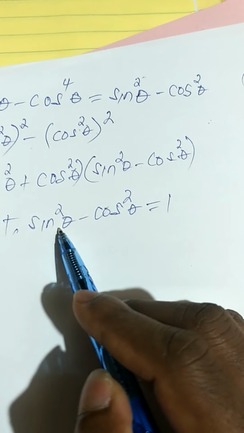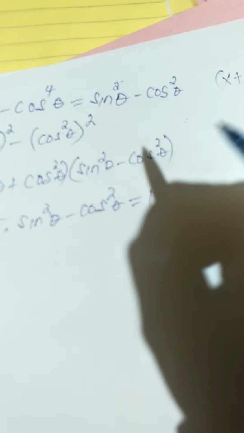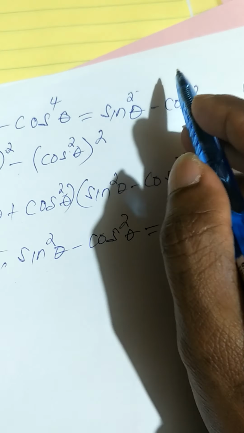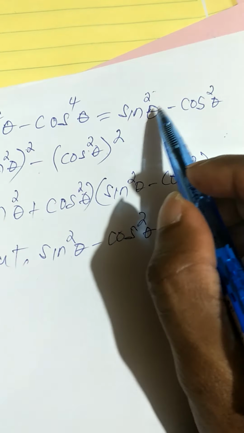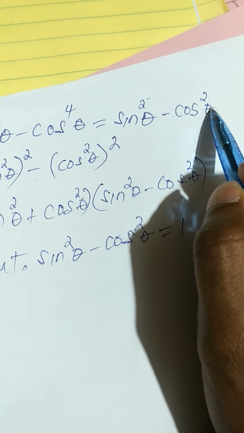So now I'm going to apply this to simplify the whole thing down, to make it equal to sin theta squared minus cos theta squared.